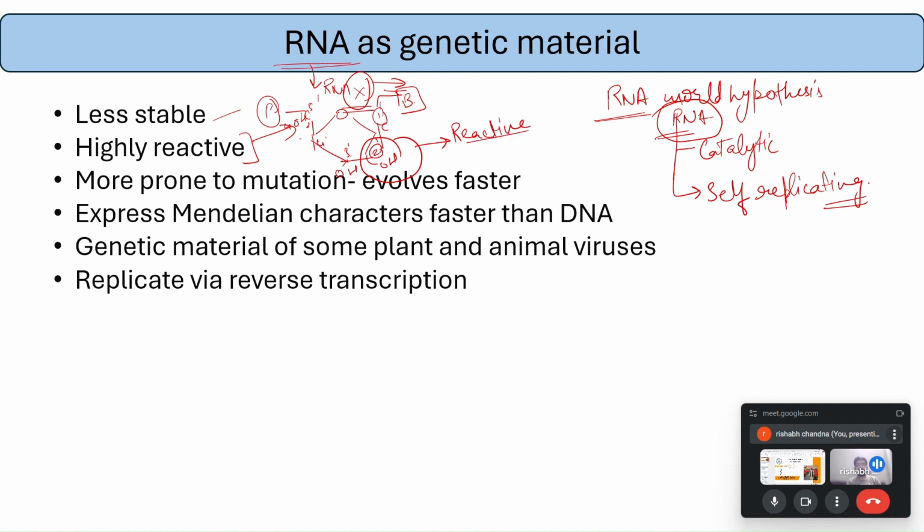As you have seen in various ribozyme molecules also, this 2' OH goes and binds to different molecules, forming various phosphodiester bonds. So it is a nucleophile because of the lone pair present on the OH group. Okay, then it is more prone to mutation, that is, it evolves very fast.